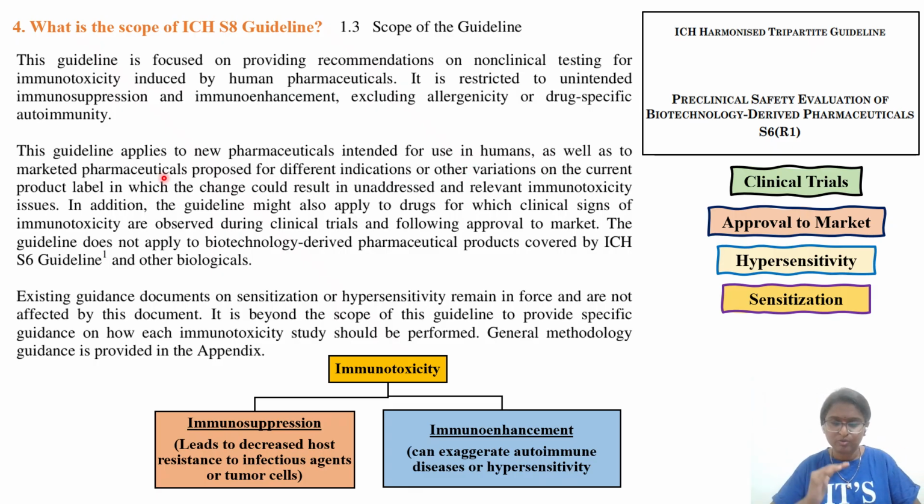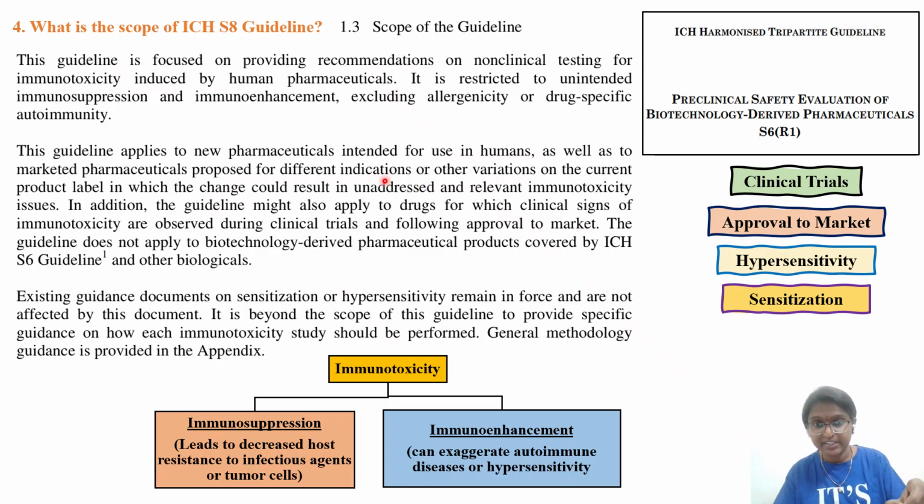So if you're planning to market your drug, what kind of studies are needed? Okay, proposed for different indications. So for example, you are developing a certain drug X for anti-hypertension. Now we want to include diabetes also, or weight lowering, if you're trying to add another indication to the same molecule.